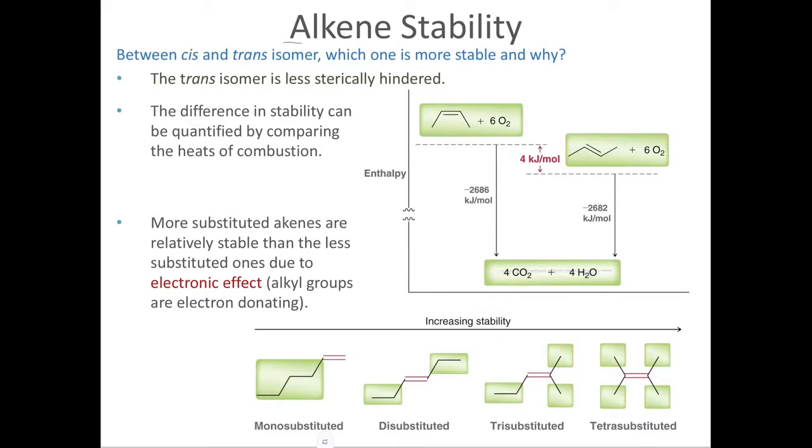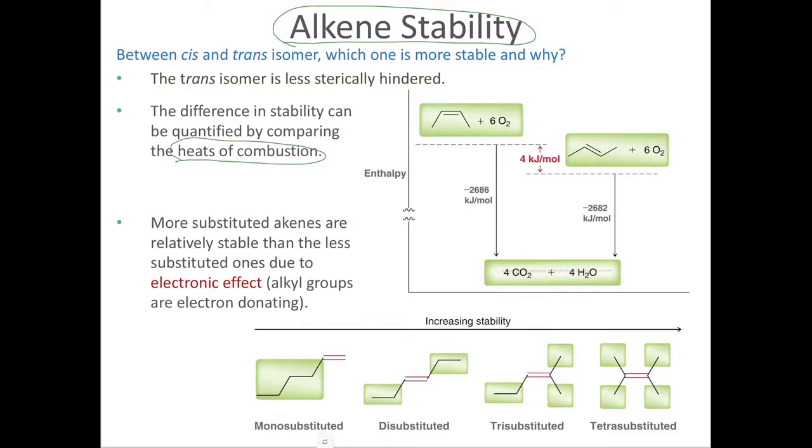In terms of the stability, we can predict the stability of an alkene just by looking at the structure. Now, usually, if we are looking at the relative stability of alkenes, we need to compare their heats of combustion.